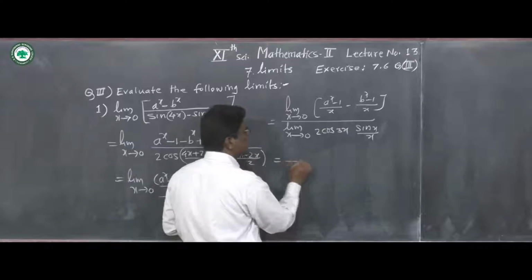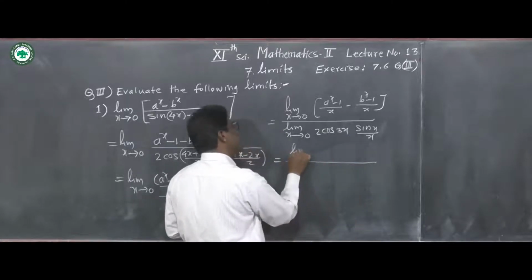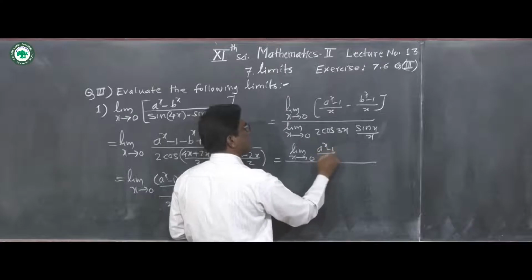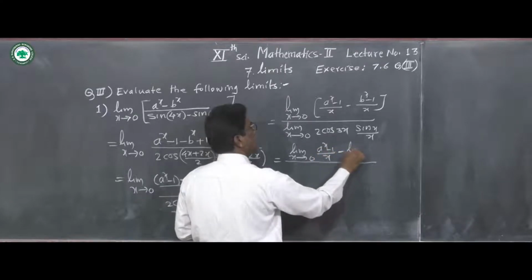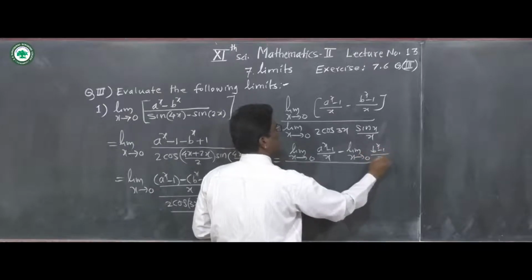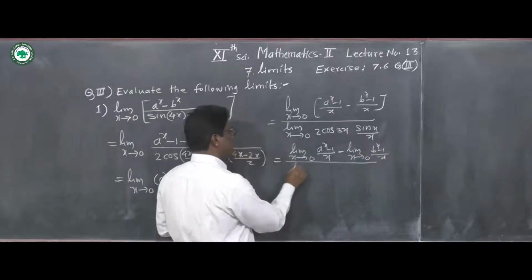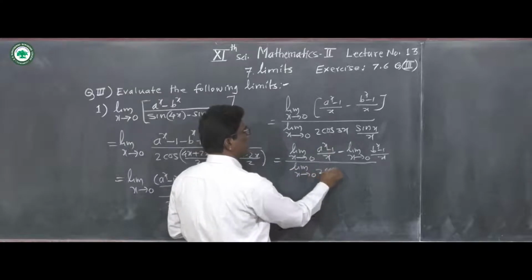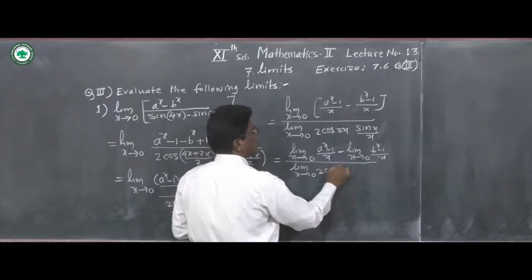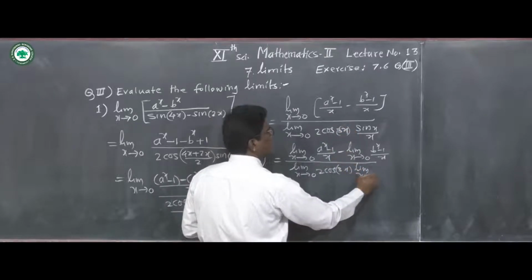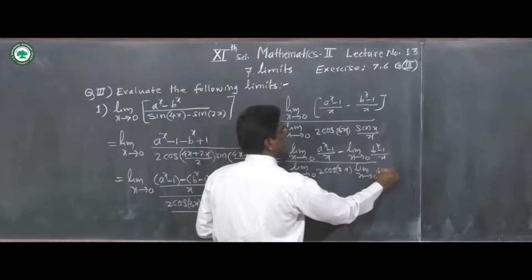We get this is equal to limit as x tends to 0, a to the power x minus 1 upon x minus limit as x tends to 0, b to the power x minus 1 upon x. Here limit x tends to 0, 2 into cos of 3x, and limit as x tends to 0, sin x upon x.